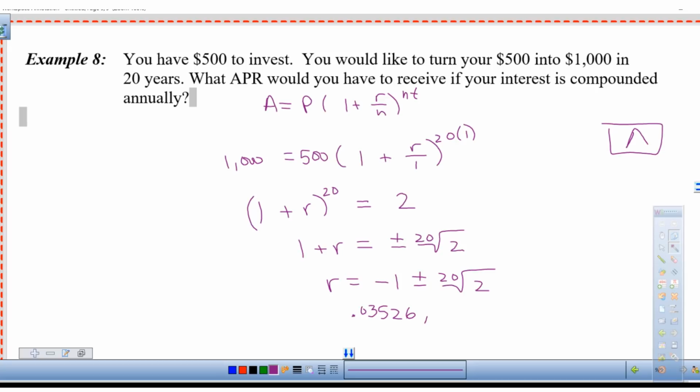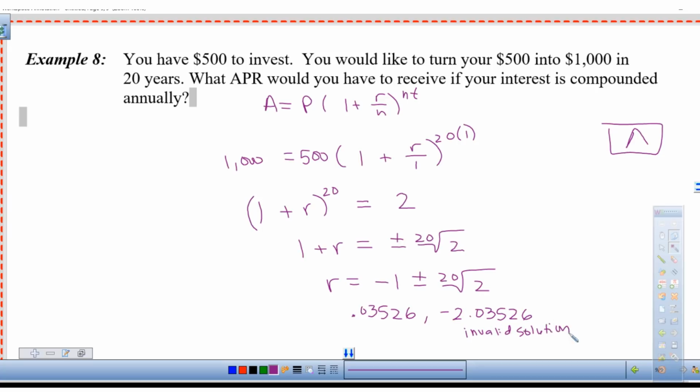Now if you go up, then go right in front of that plus, make it a minus, hit enter, and you get -2.03526. Talk to me. Invalid. Which one's invalid? Negative interest rate. A negative interest rate is not going to help you to grow. So this is an invalid solution.